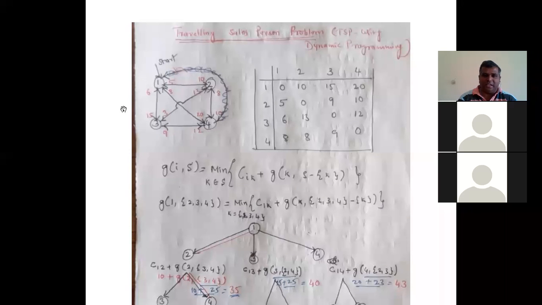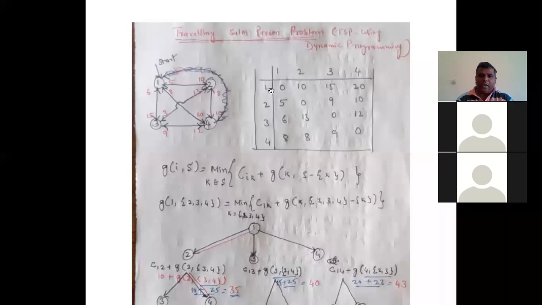Similarly, all other directions. To represent a graph in computer memory, one of the efficient data structures is the cost adjacency matrix. So we need to create a 4 cross 4 matrix.